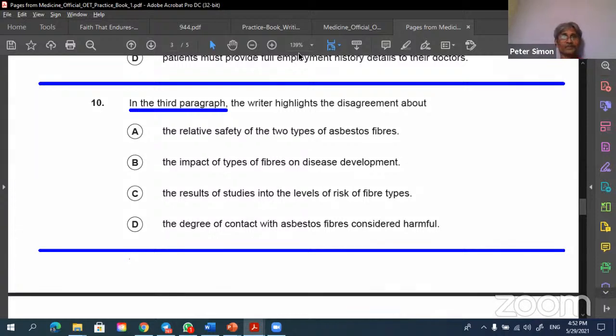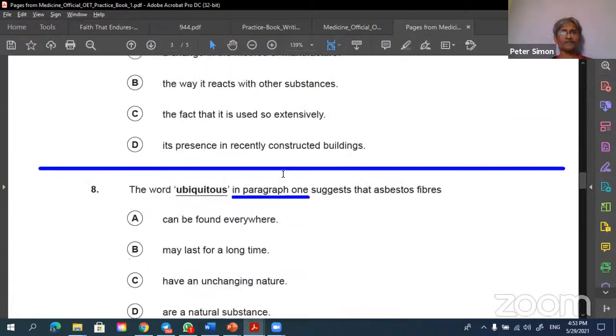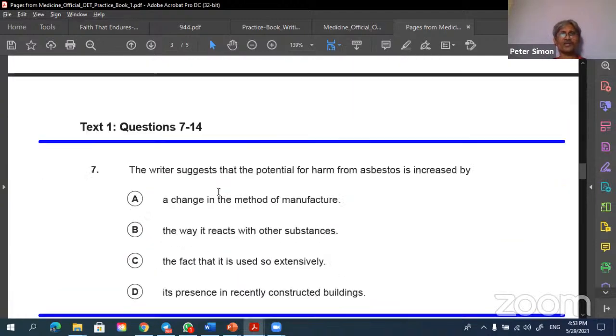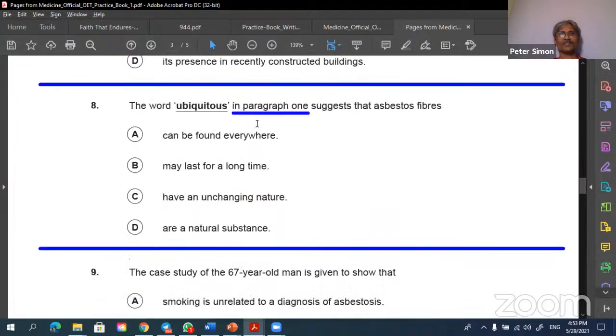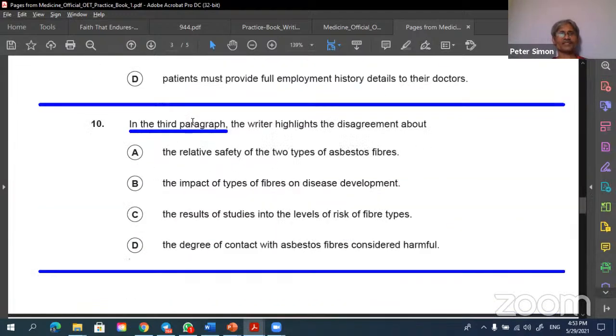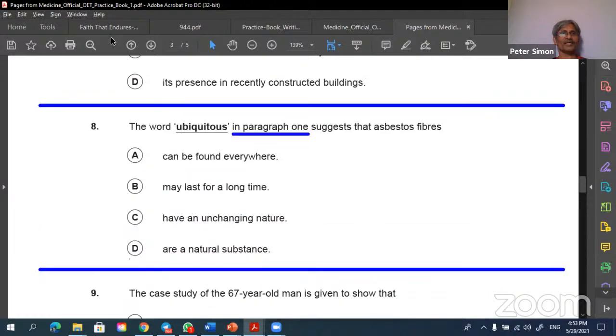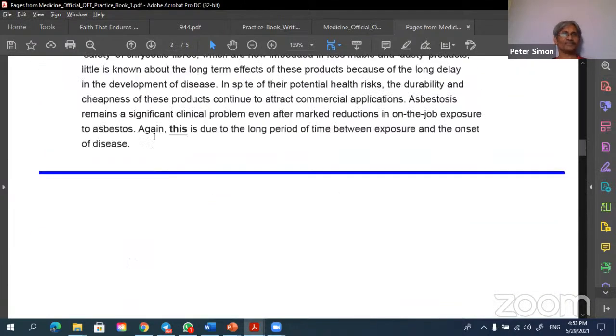Okay. Next. In the third paragraph. So now you see here. This is zero paragraph. This is one paragraph. This is third paragraph. Now you can understand very clearly here.